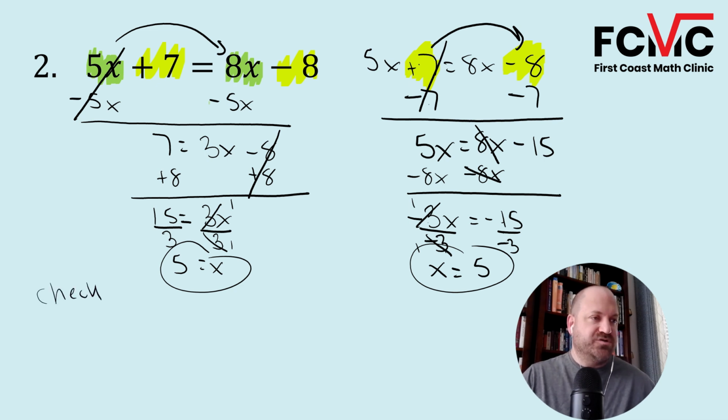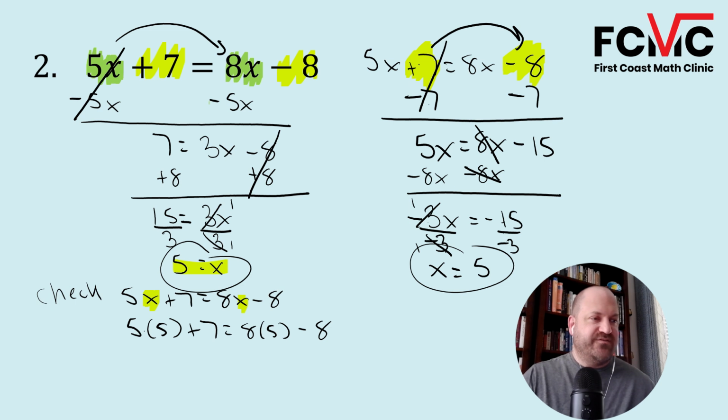Taking our original equation, 5x plus 7 equals 8x minus 8. Let's replace the x with 5. So we have 5 times 5 plus 7.